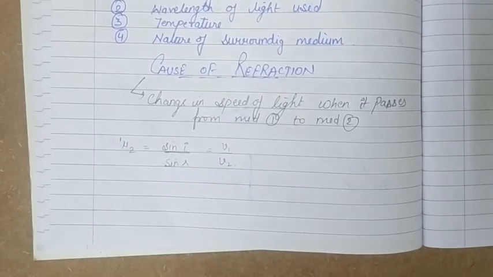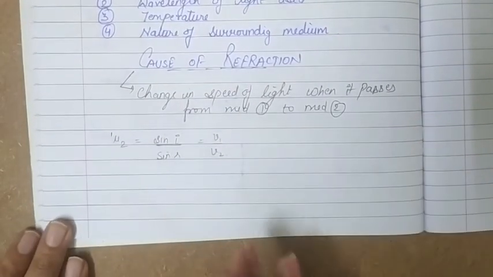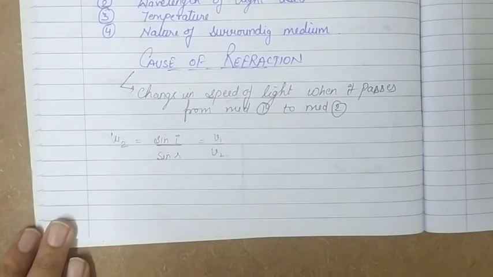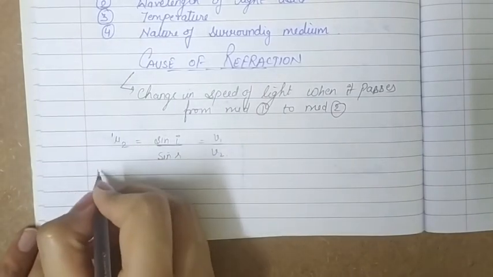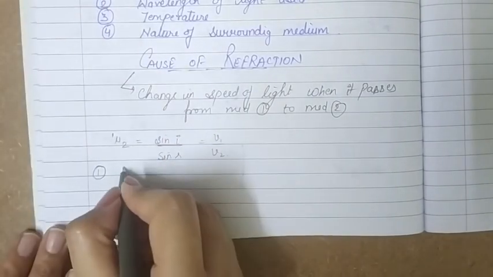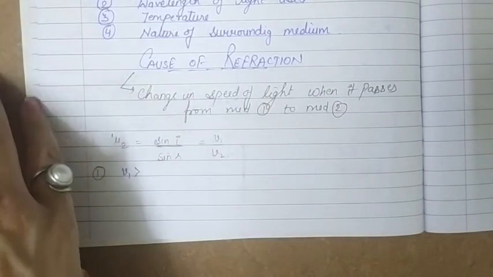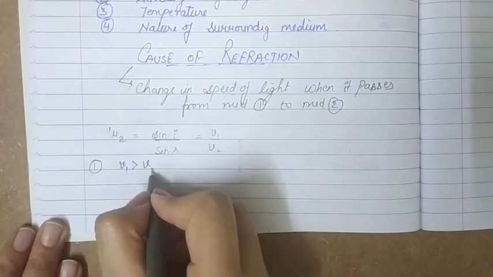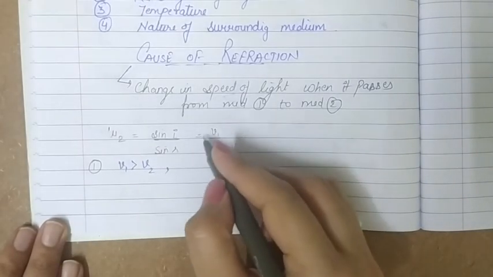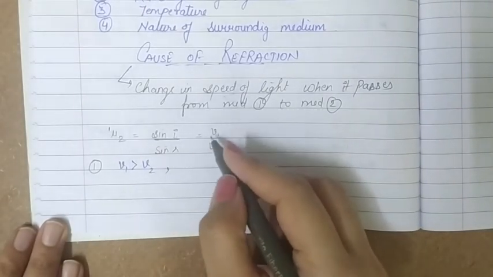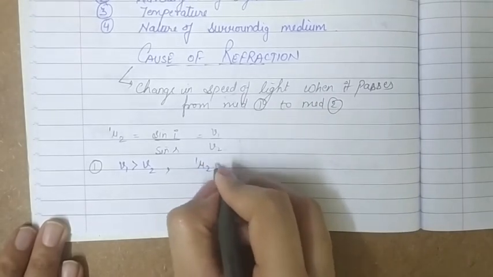How does it represent that? For this we can see, taking the first case, if v1 is greater than v2, then this ratio will be more than 1 and 1μ2 will be greater than 1.